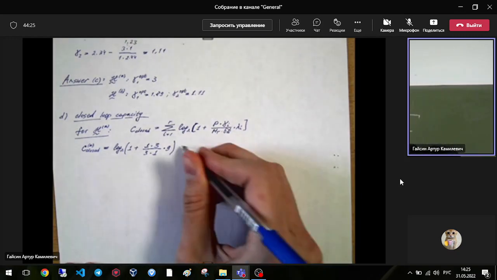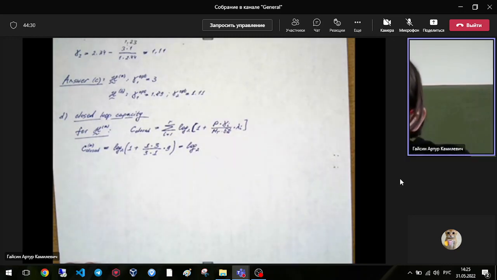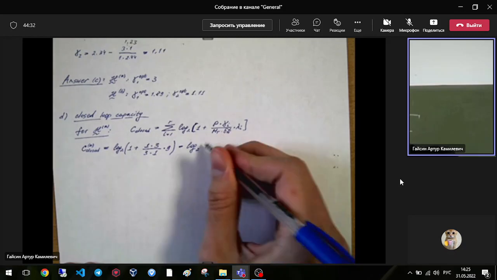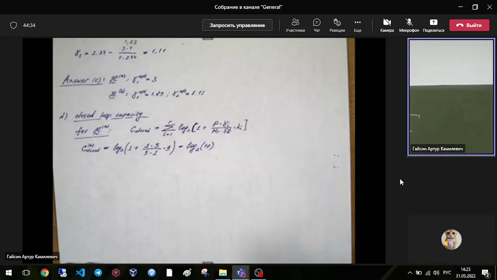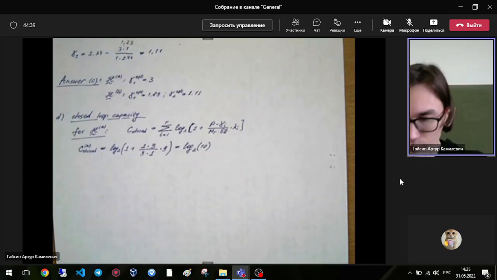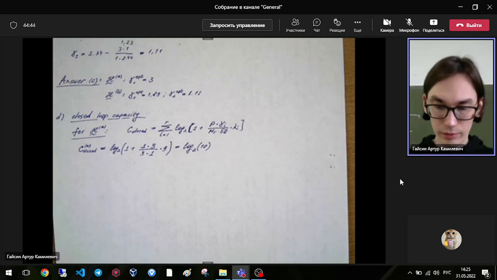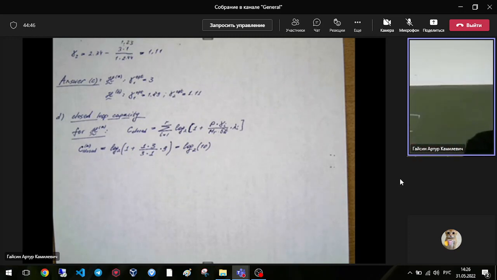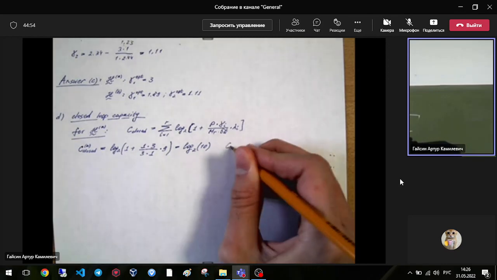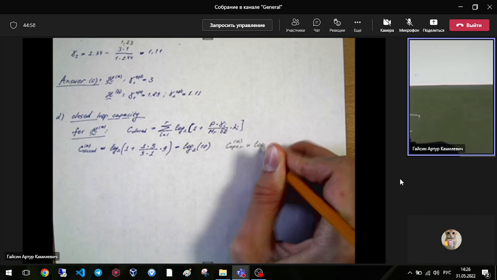So in this case, we have logarithm base 2 of 10. And maybe we can leave it as this one. If we compare the value with open loop capacity, for open loop capacity, it is equal to logarithm base 2 of 4.